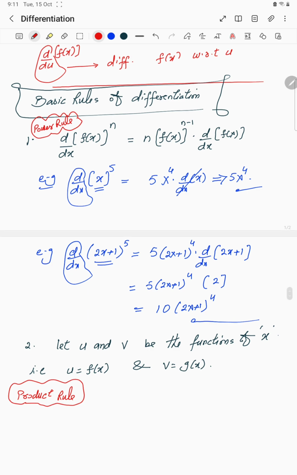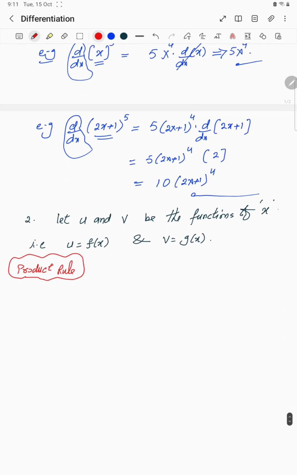The product rule says what to do whenever two functions of x are going to multiply with each other. And before we start, you need to know that d by dx of u we represent as u prime.